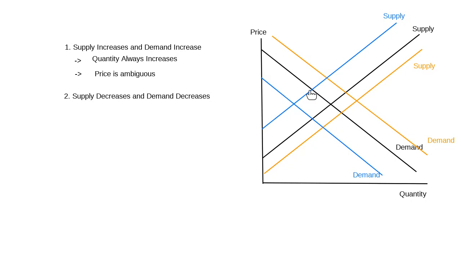It's going to be somewhere in this triangle. If it's higher, the prices go up. If it's lower, the prices go down. But quantity always decreases. And again, it just depends on the magnitude of the shift in supply and the shift in demand. But demand is going in this direction, supply is going in this direction under this scenario.